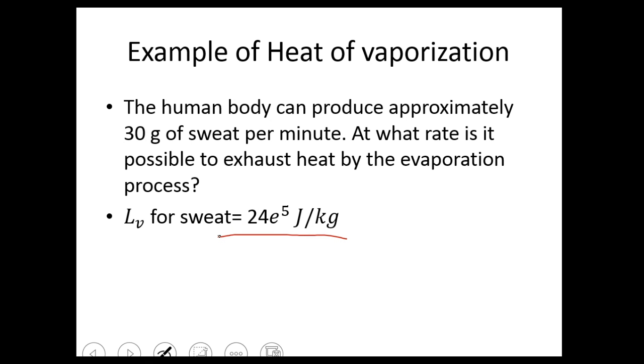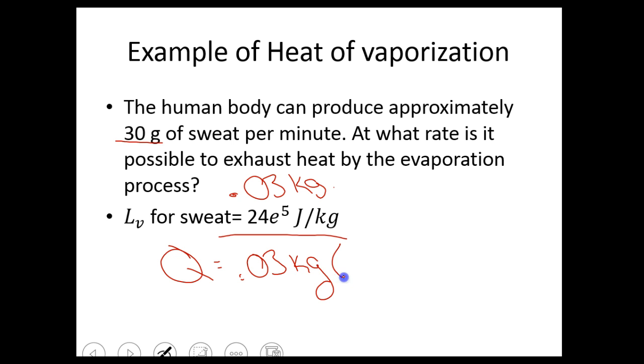So if we can max make 30 grams of sweat, I'm going to go ahead and convert that, and that's 0.03 kilograms. And the heat that we will lose due to that evaporation is equal to the mass of whatever's evaporating, in this case 30 grams of sweat, multiplied by the heat of vaporization because it's evaporating.